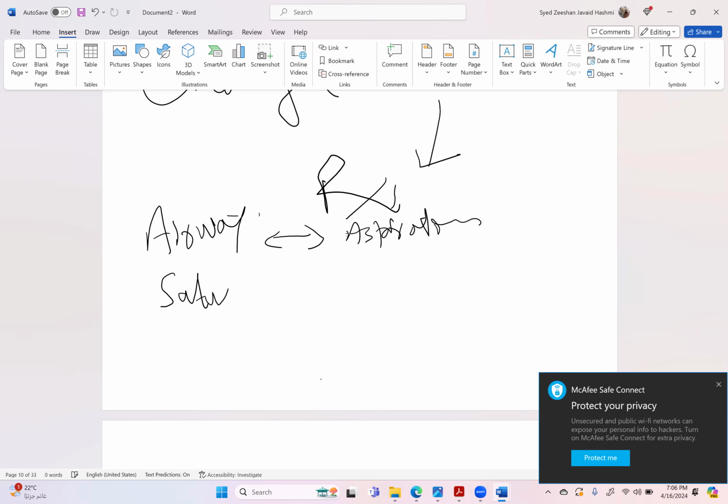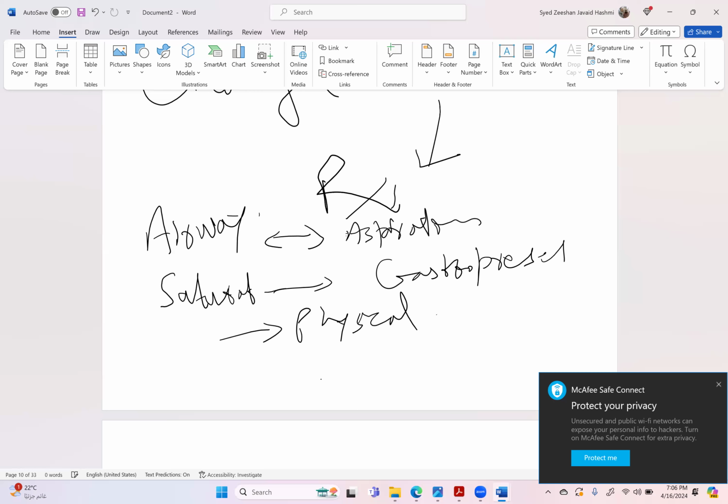So saturation is one problem, and the other problem is gastroparesis. The third thing is the physical condition of the patient: the breast tissues are enlarged, the airway is edematous, you have limited FRC, more oxygen consumption, and a risk of aspiration as well.